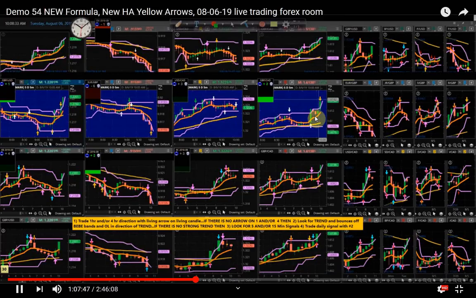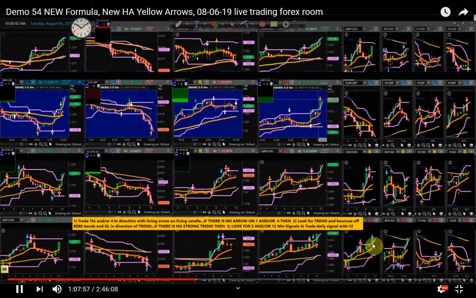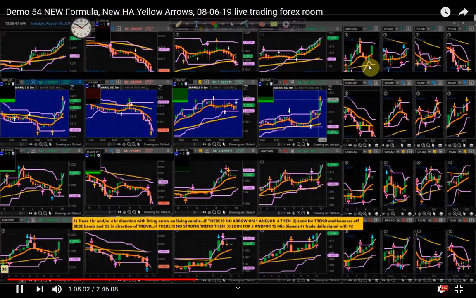Look at the GCAD off that 5-minute orange line, off the HA BB band there, look at that. 1 hour blue now. And again, GU. See, it's just obliterated that 1 hour orange line, bouncing off there, the daily. That's what dailies do. Bang.